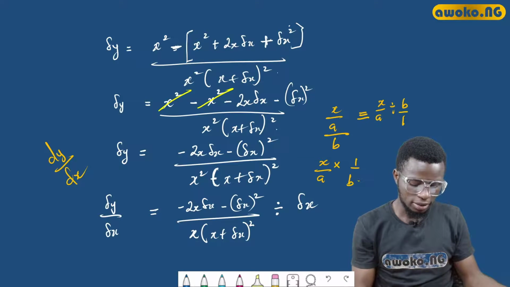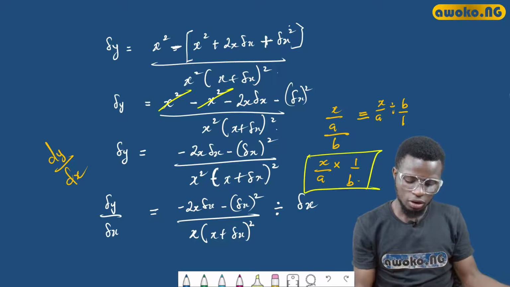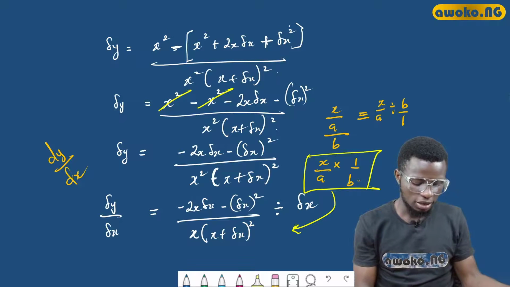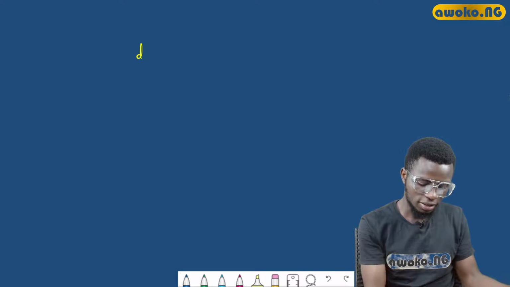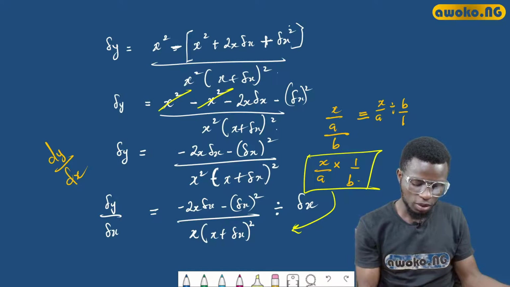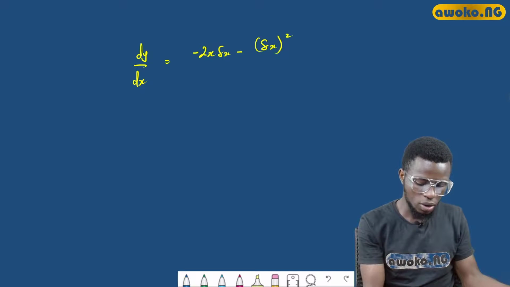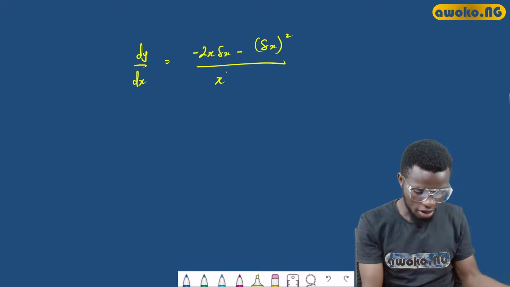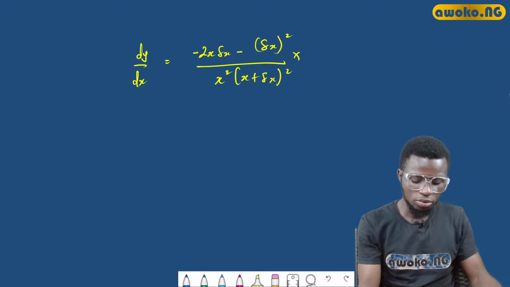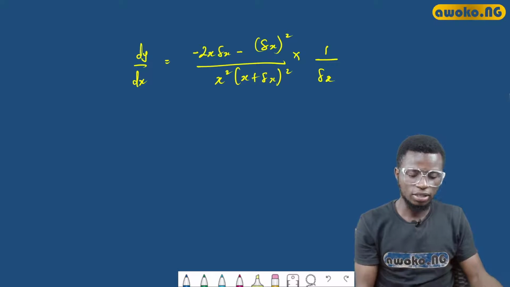So if I apply this same rule that I have over here, I will have that dy over dx will be equal to minus 2 dx minus 2x dx minus (dx)² all over x² into (x plus dx)², then times 1 over dx from the reciprocal law.